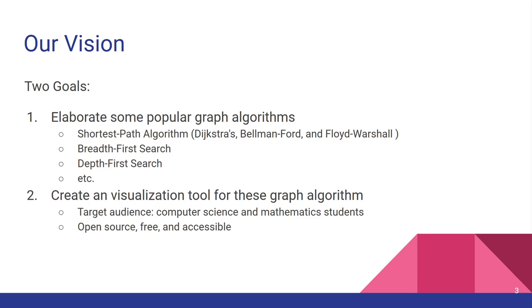For instance, we have the most well-known Dijkstra algorithm, and we also have the Bellman-Ford algorithm. They are both used for single source path finding problems. And we also have Floyd-Warshall for finding the paths from all of the nodes in the graph to all other nodes in the graph. So it's basically a many-to-many algorithm.